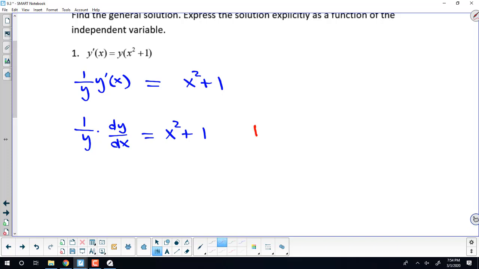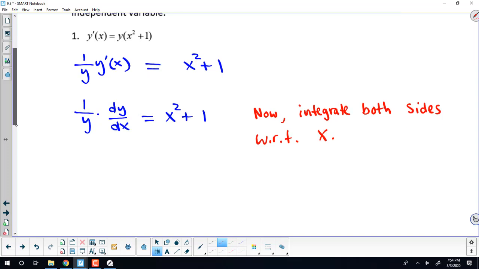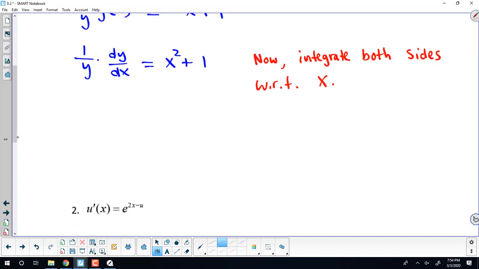So now, integrate both sides with respect to x. I guess I should probably write some more.